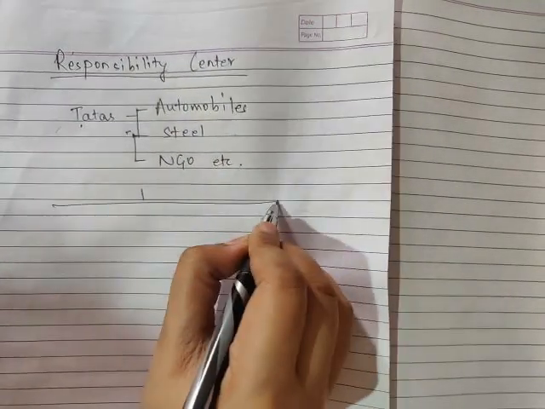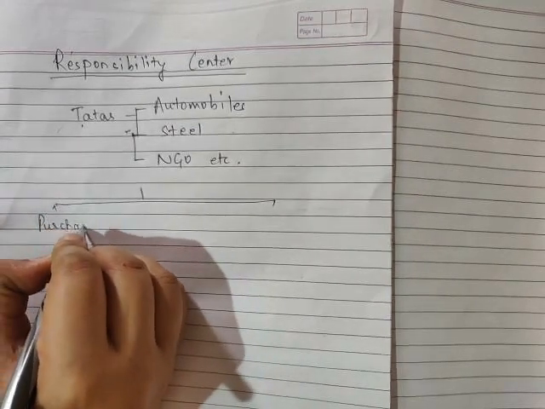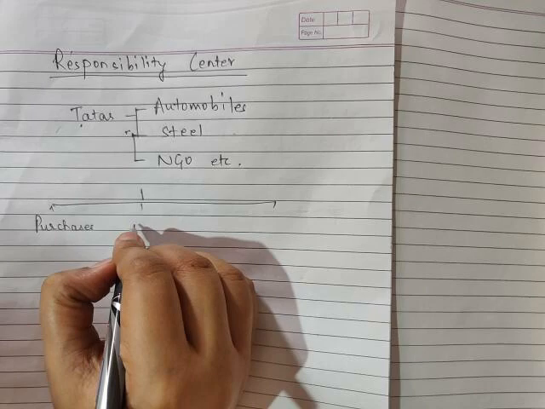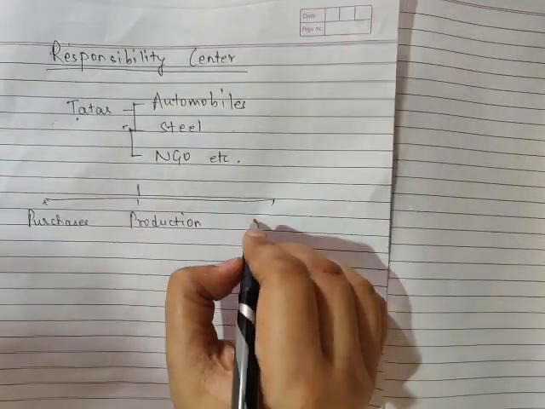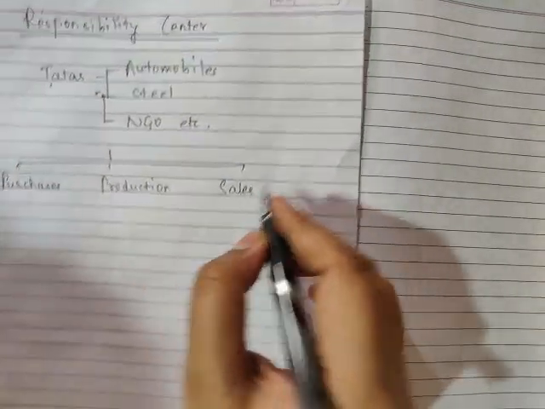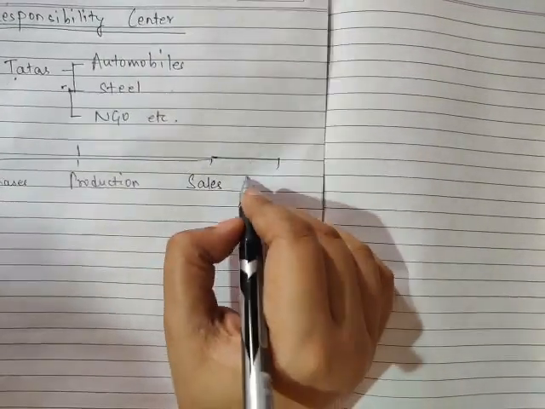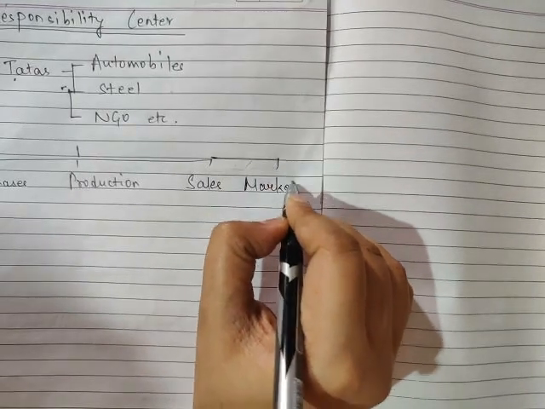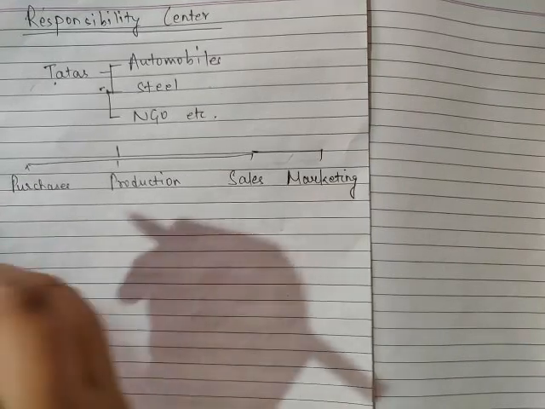Now there can be multiple departments, say purchases, production, sales, marketing, etc. So now purchase.